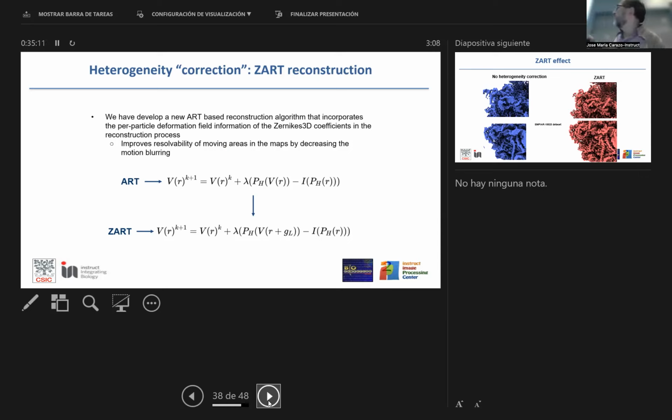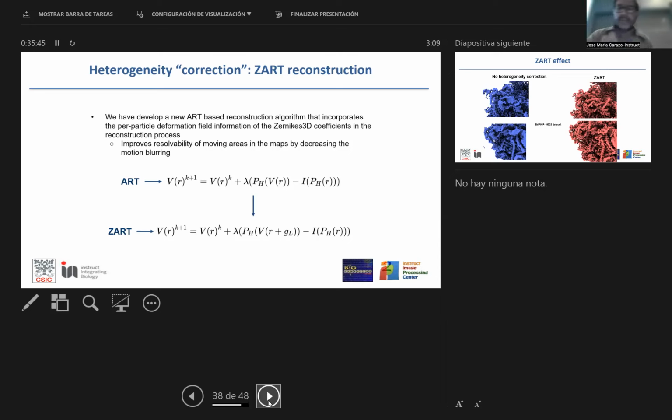There were many fights between SIRT and ART, but essentially they are similar, and they are iterative. Here this is the normal ART, and the single difference with the ZART, the Zernike ART, is that we are explicitly, I'm not going into much detail, but I'm just showing you that the single difference between the two equations is the introduction of the deformation theory. So we have made a reconstruction algorithm that is aware of the flexibility.